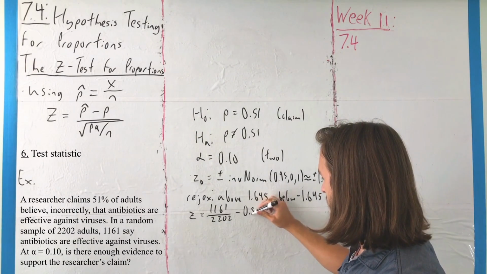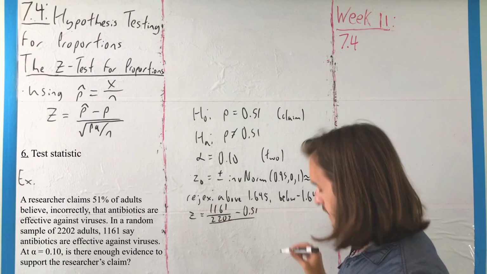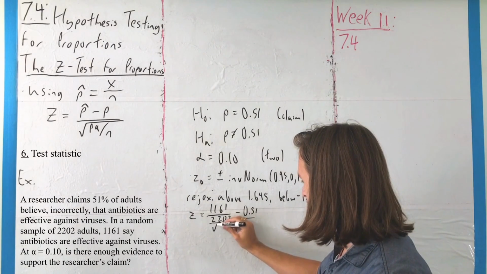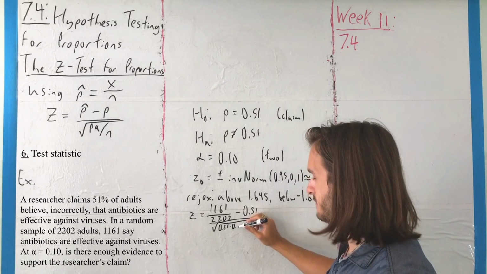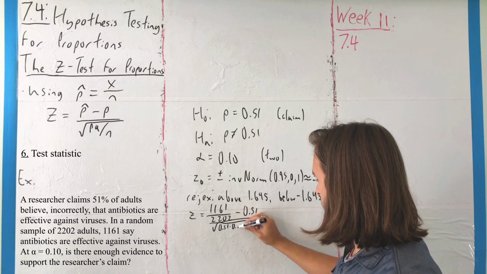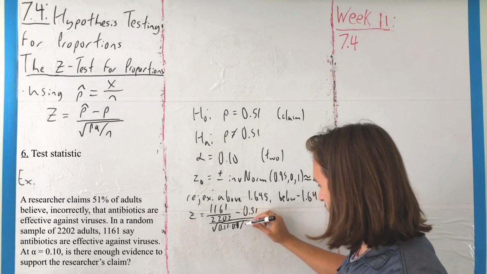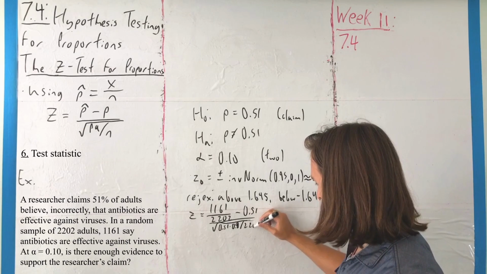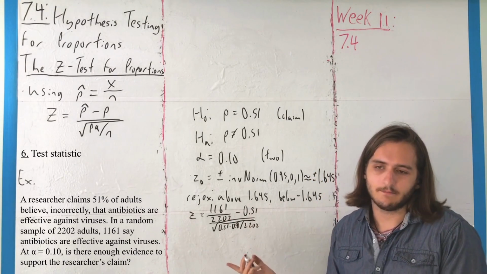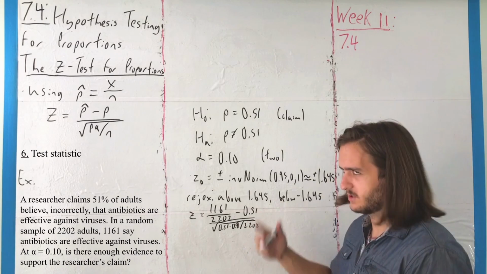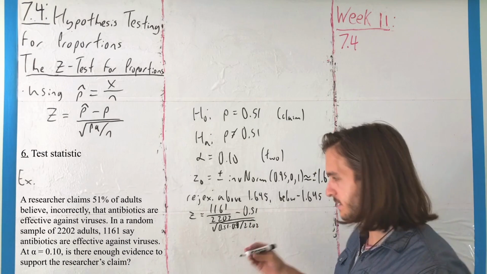P in this case is 0.51, and we're dividing by the square root of p times q over n. Again, these numbers get uglier the further we go, and in particular, I mixed dealing with fractions and decimals. You don't like to do that generally, but being lazy.